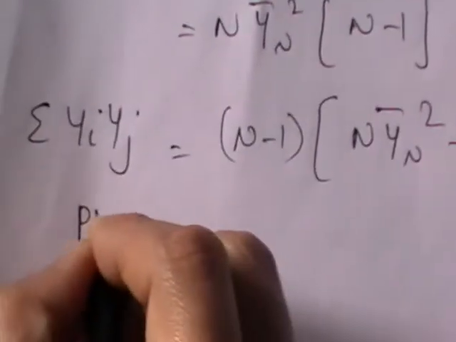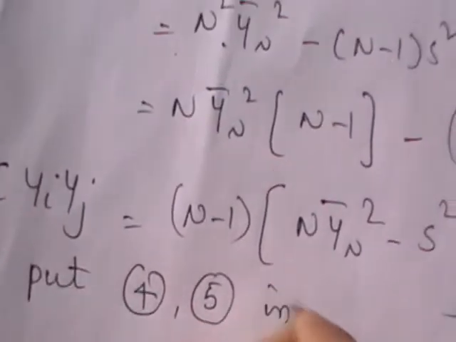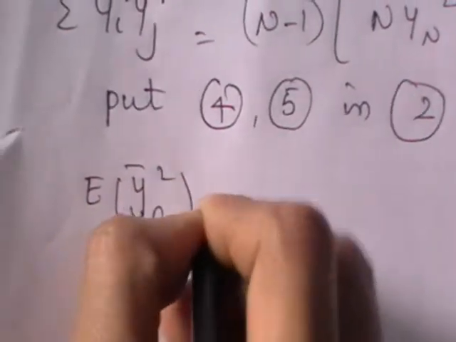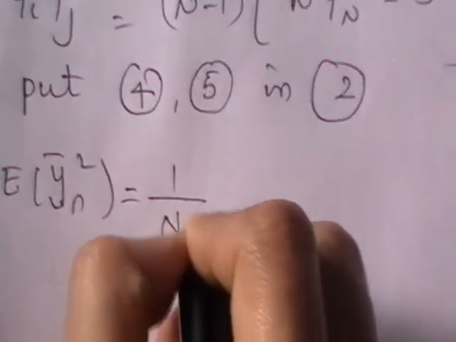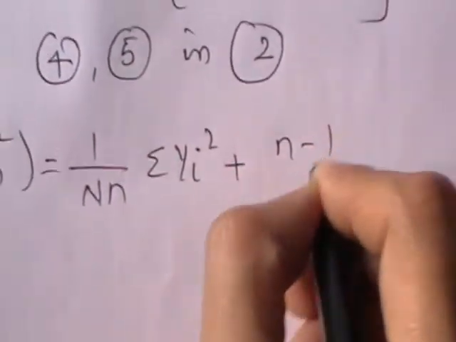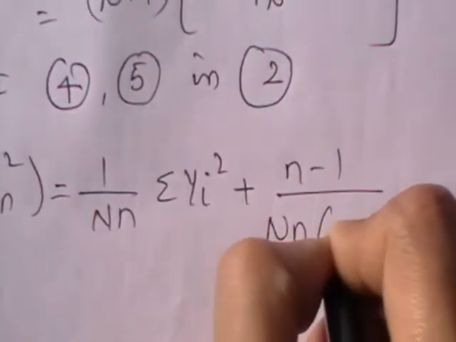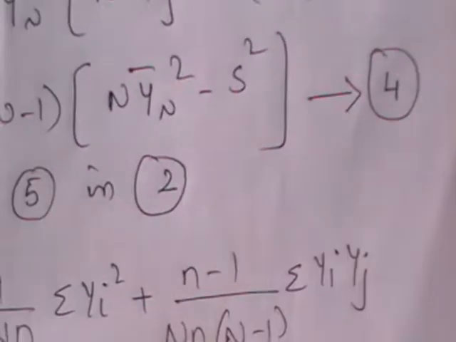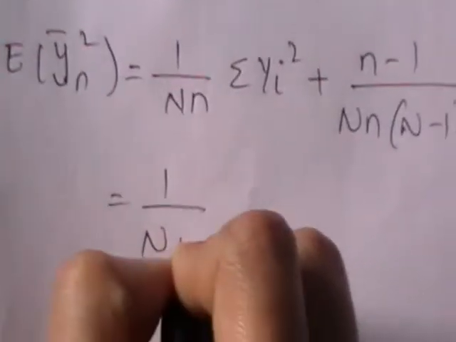Okay. Now let us put 4, 5 in equation number 2. What is equation number 2? Expectation of y bar n square is equal to 1 by n sigma yi square plus n minus 1 by nn. What is sigma yi square? How much you got?